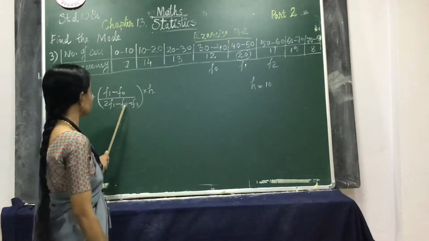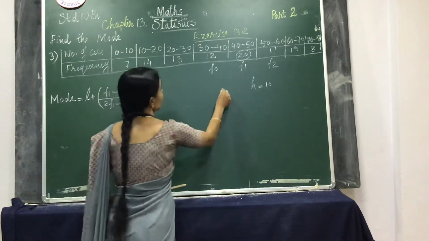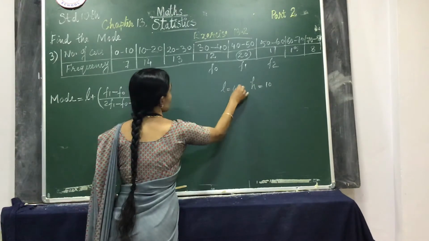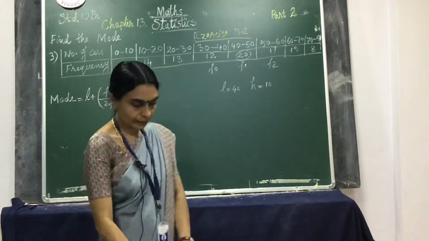50 minus 40 is 10, so the width is 10. And we need L, the lower limit of the modal class, that is 40.